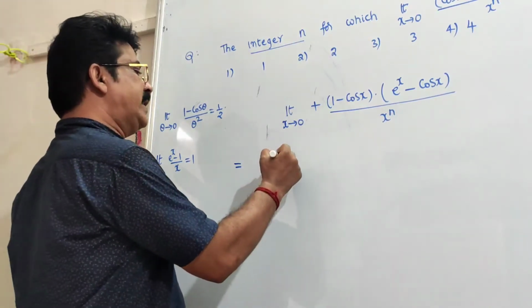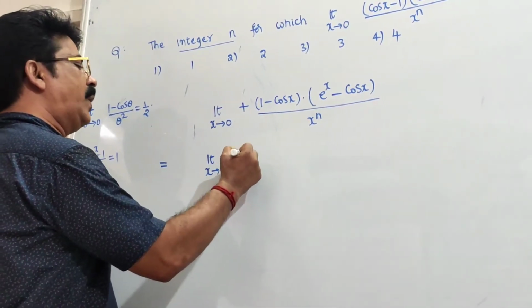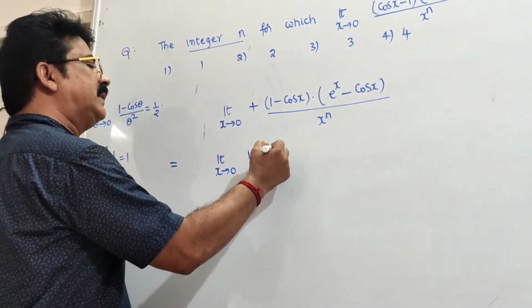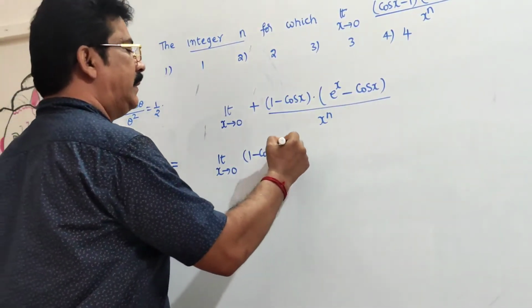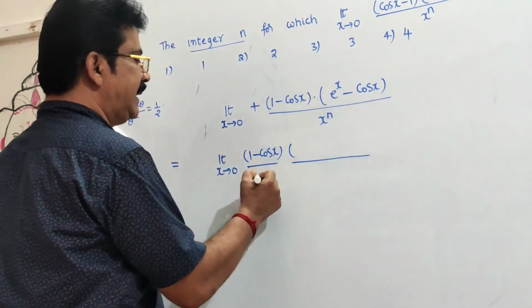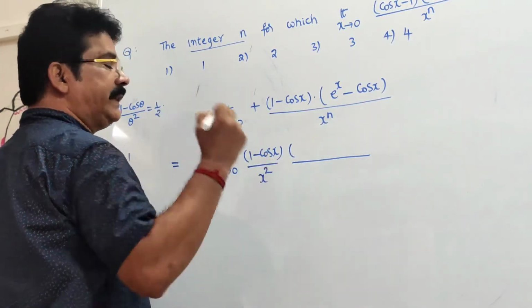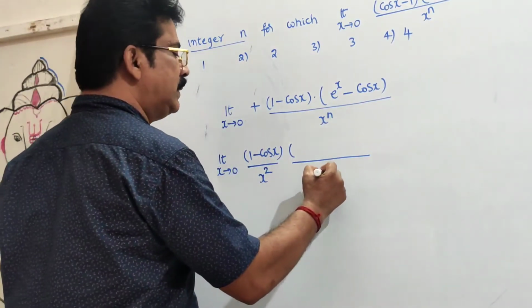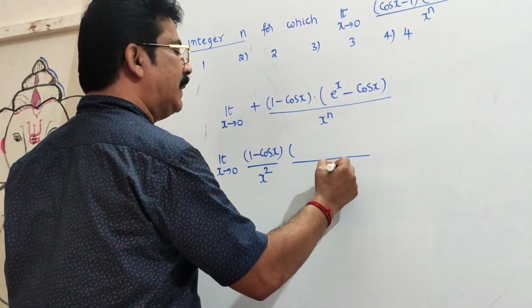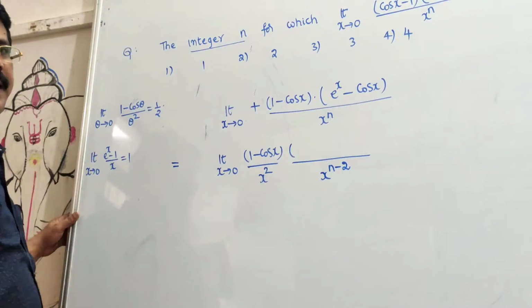So therefore, limit x tends to 0, 1 minus cos x into, separate like that. This x^n can be taken as x square into x to the power of n minus 2. Did you understand?